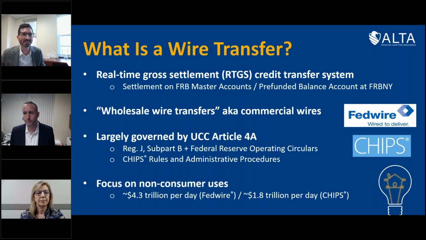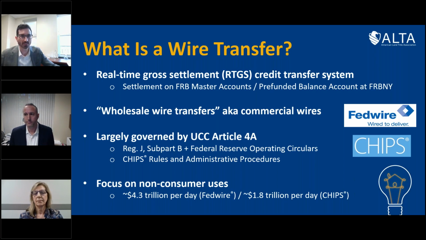So first, what exactly is a wire transfer? The term wire transfer is really a colloquialism. It doesn't have a precise legal meaning, certainly under state law, and that creates some ambiguities we're going to talk about in a bit. But the two payment rails that everyone agrees are wire transfer systems are FedWire and CHIPS.